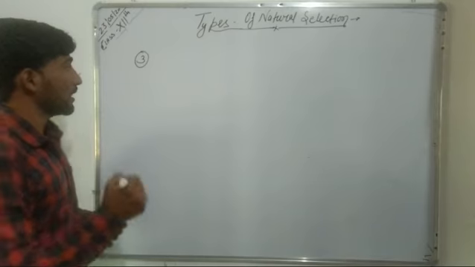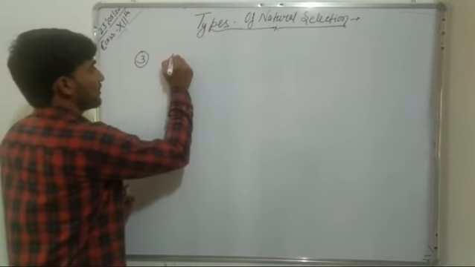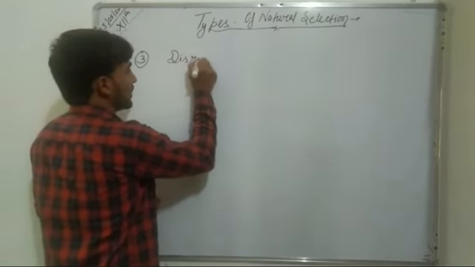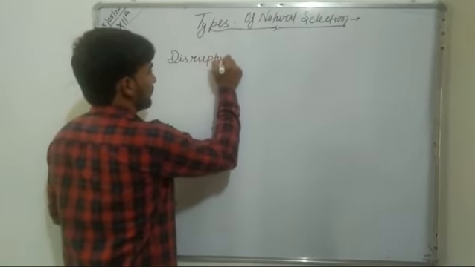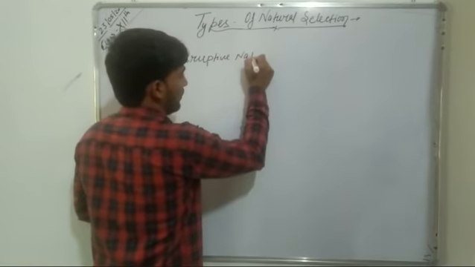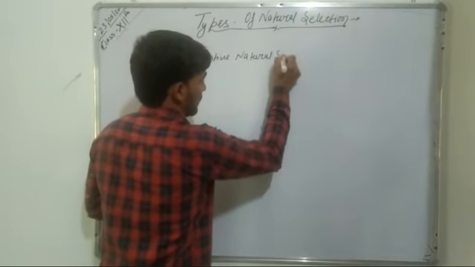Now the third type of natural selection is disruptive natural selection.